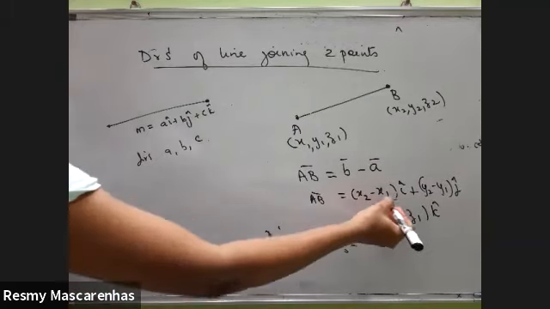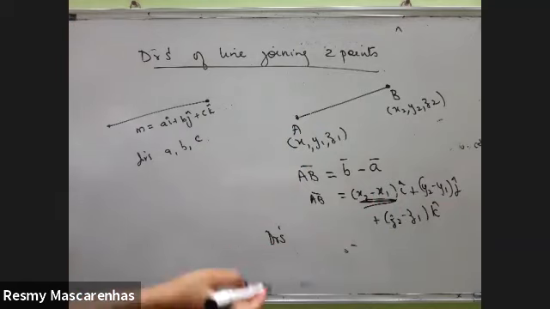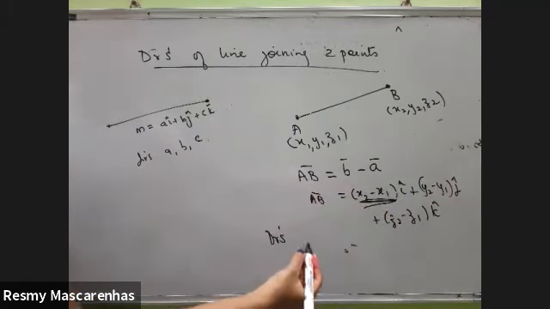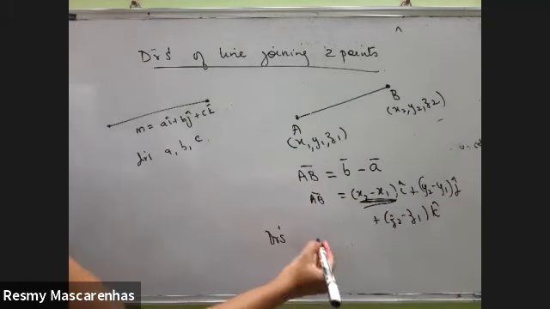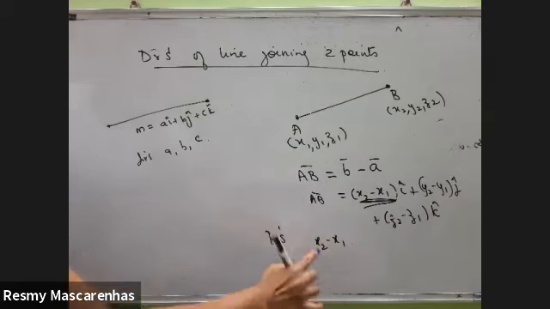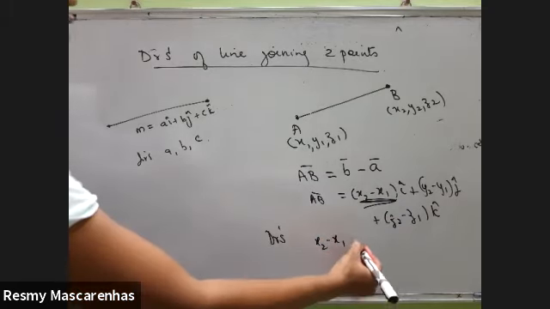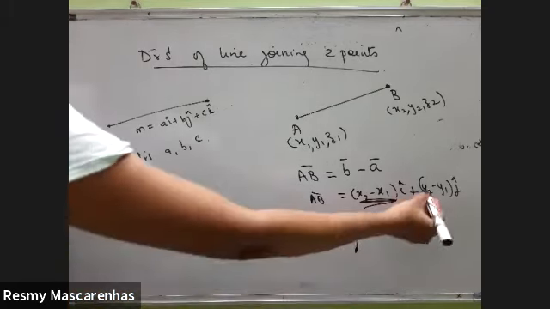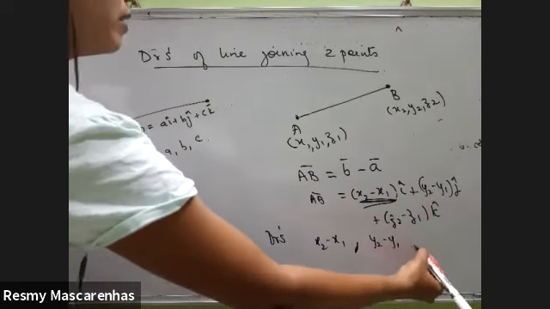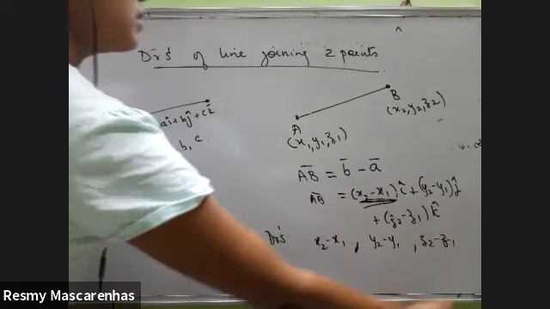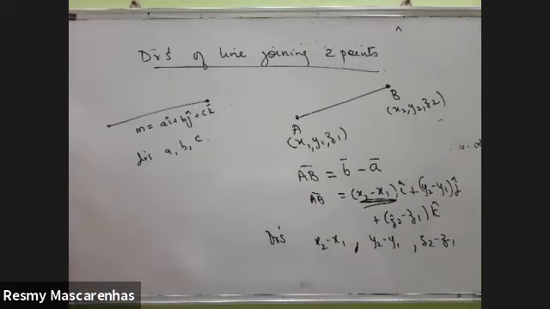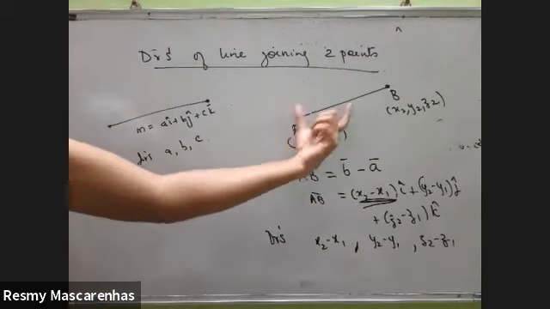As I told you, they are the coefficients of i cap, j cap, k cap. So my direction ratios will be x2 minus x1, comma, y2 minus y1, and z2 minus z1. These are my direction ratios if two points are given.